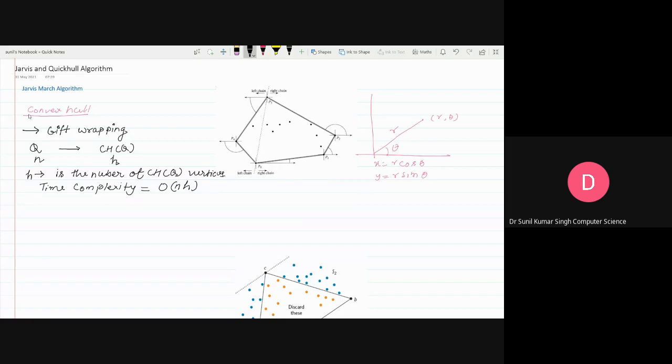Now, if h is equal to some order of log n, then it is found that this Jarvis algorithm is asymptotically faster than the Graham-Scan algorithm.